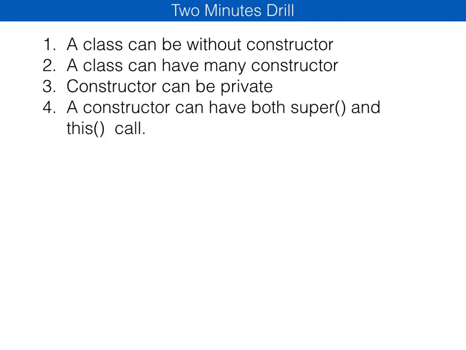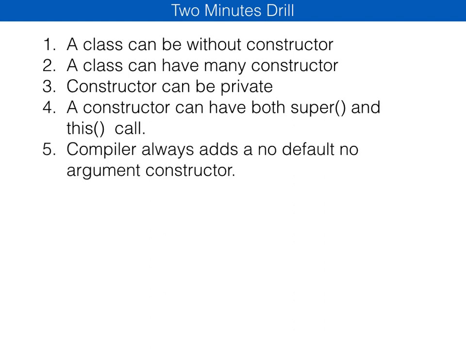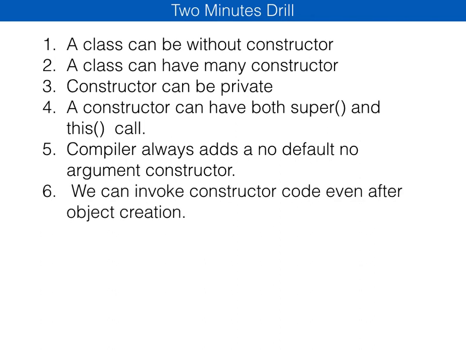A constructor can have both super and this call, true or false. Compiler always adds a no argument constructor, true or false. We can invoke constructor code even after object creation, true or false. Constructor can be static, true or false.